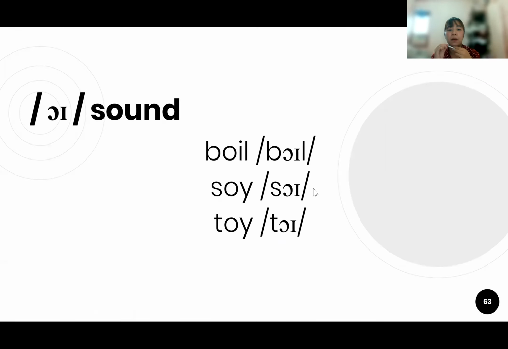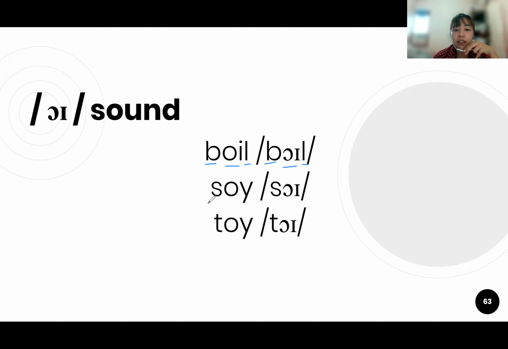For example, boil, soy, and toy. So B for your letter B. Your OI here in boil produces the oi sound, and your L produces the L sound.